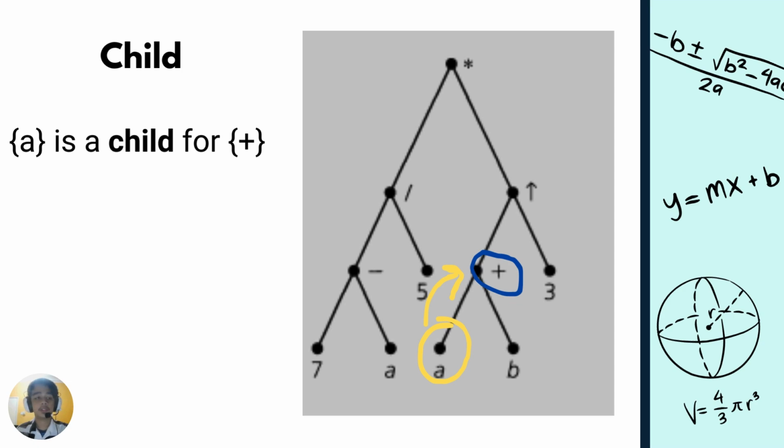Same goes for the child. The children of the plus symbol are A and B. Depends on the question. Now, I've explained a little basic of chapter 7.